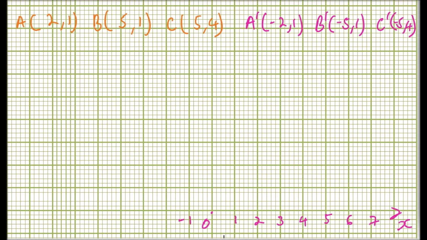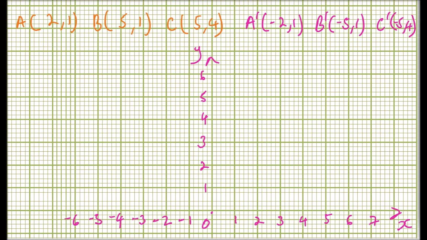So we have -1, -2, -3, -4, -5, and -6. Then y is 1, 2, 3, 4, 5, and 6. So this is our y-axis. Always remember to label your axis.